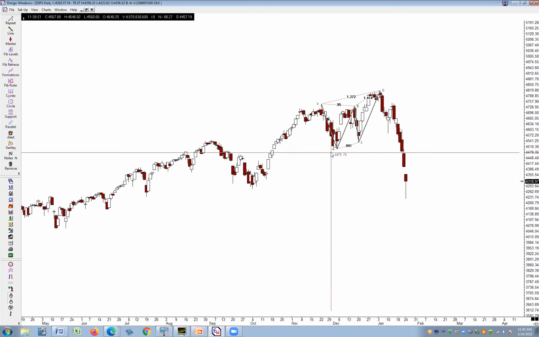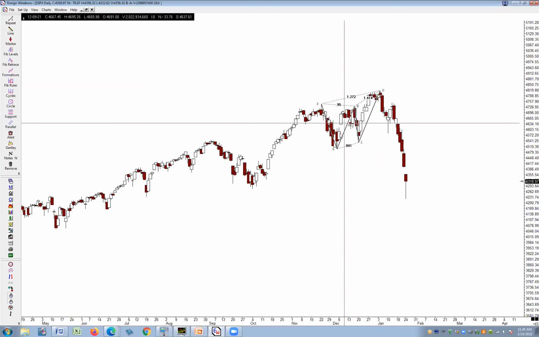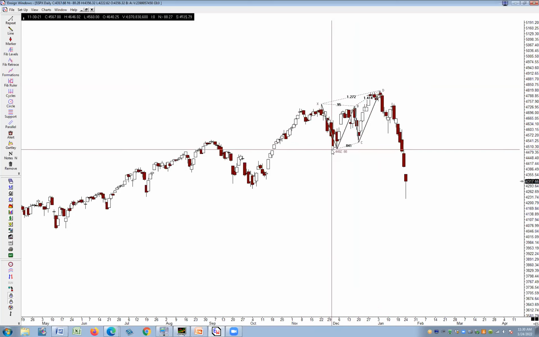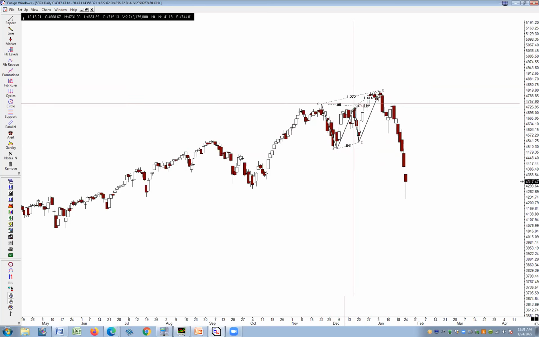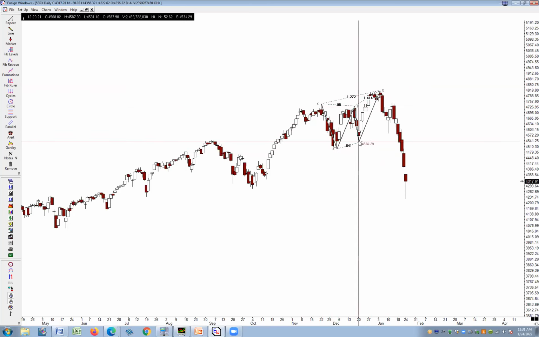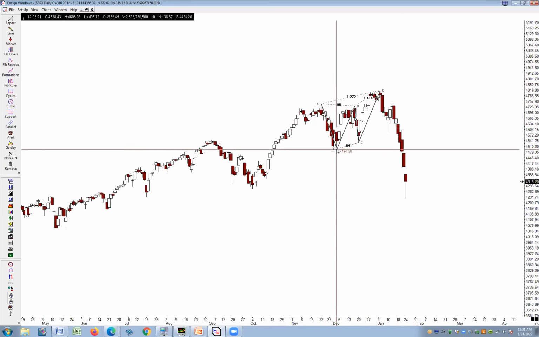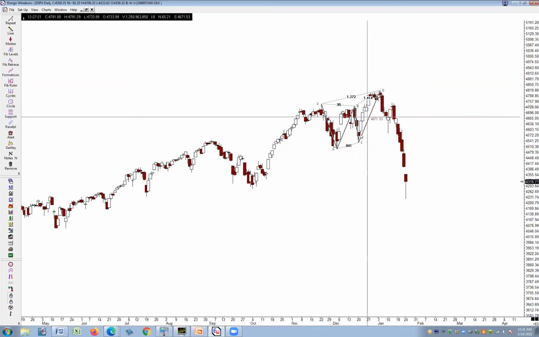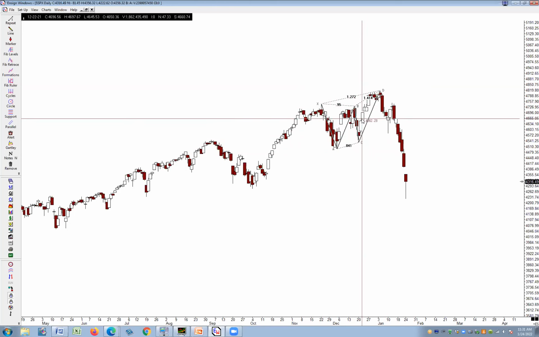Now, you can start to monitor these. Like here we have this X swing, we have this A to B. When this comes down and holds support without exceeding that A, remember that's one of our criteria, and turns up, or down if it's reversed, then that's when you can start to monitor that as a potential pattern.